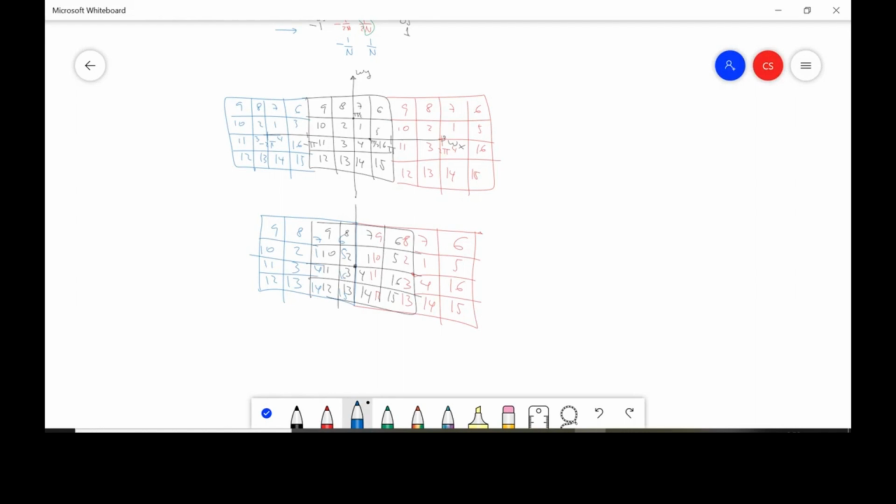So what we see is that in this area, we have some overlapping of the blue onto the black. And in this area, we have an overlapping of the red onto the black one. So that is actually why you want to do the low pass filter.